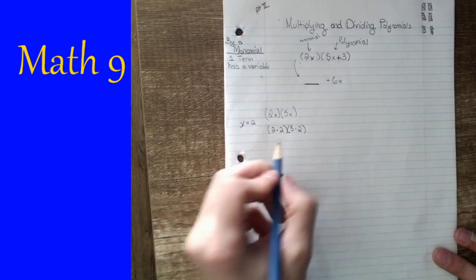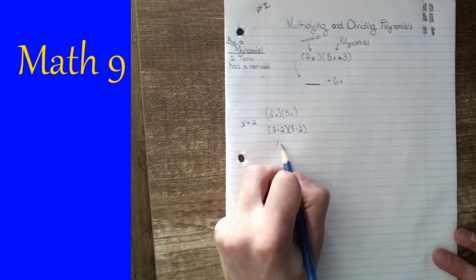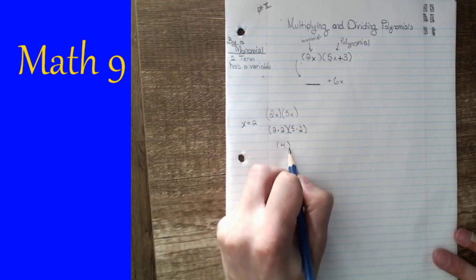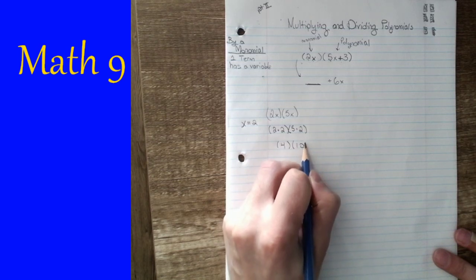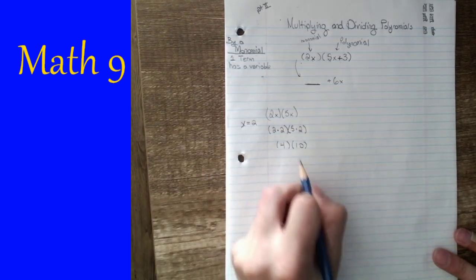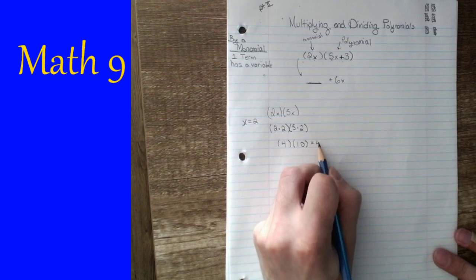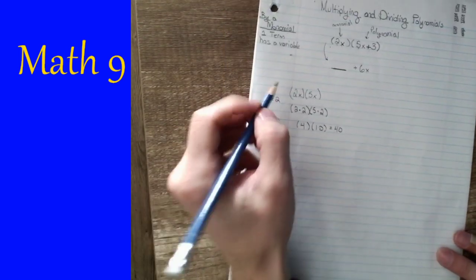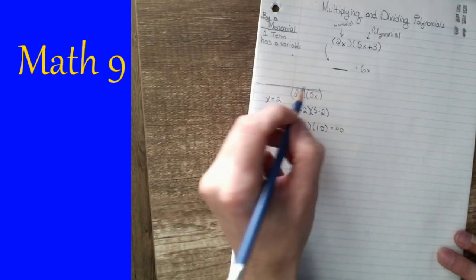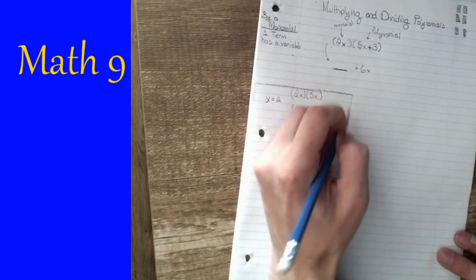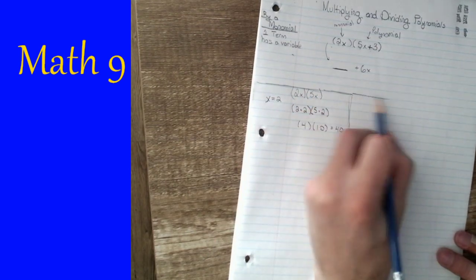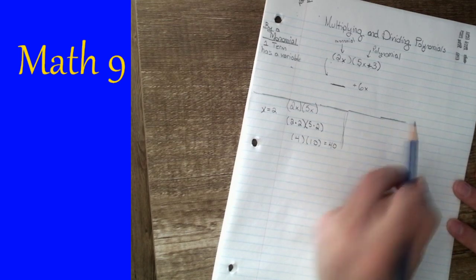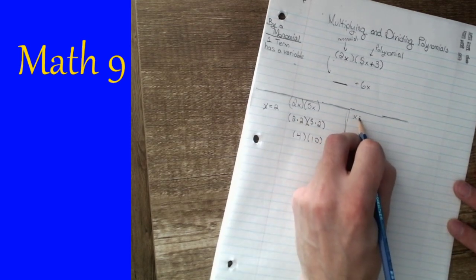And so therefore, I have 4 multiplied by 10, and that equals 40. Okay, so that's the first one. Next up, we're going to do x is equal to 3.